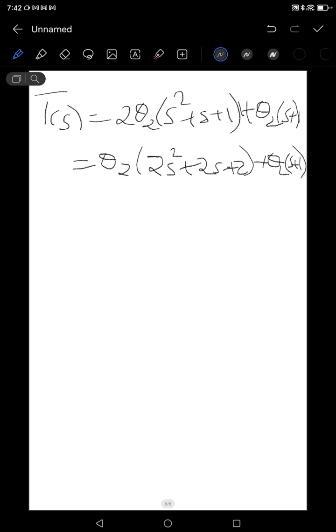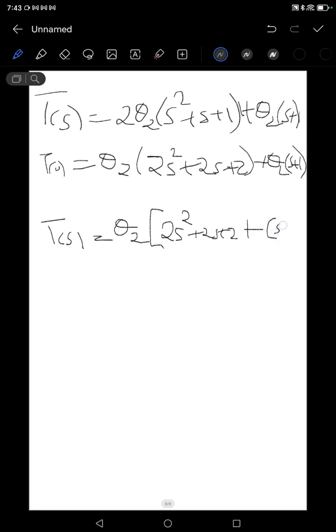And from here what we're going to do, we're going to take out theta 2 as a common factor. So we're going to have T of S equals theta 2 into 2 of S squared plus 2S plus 2 plus S plus 1 like this.